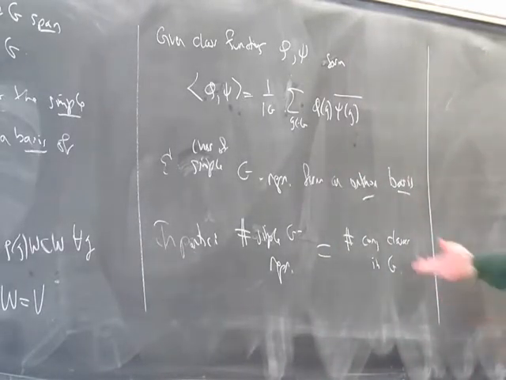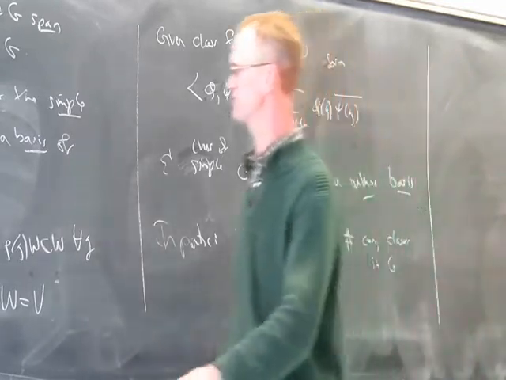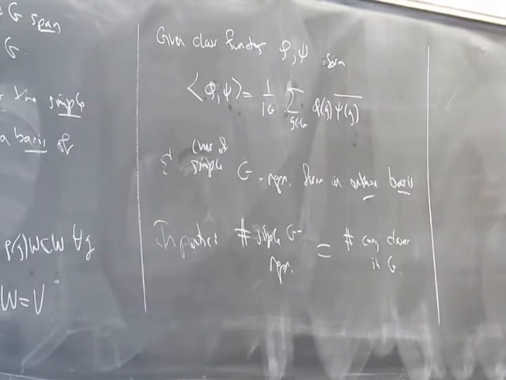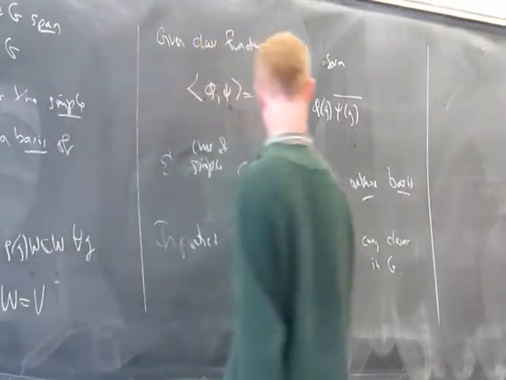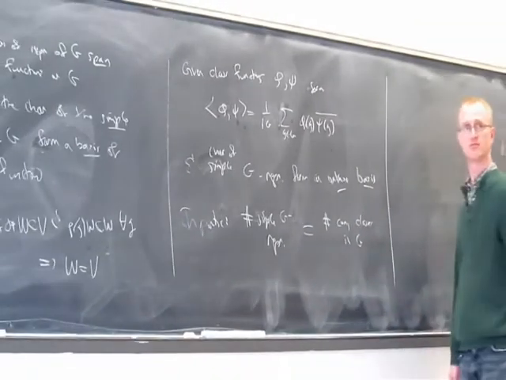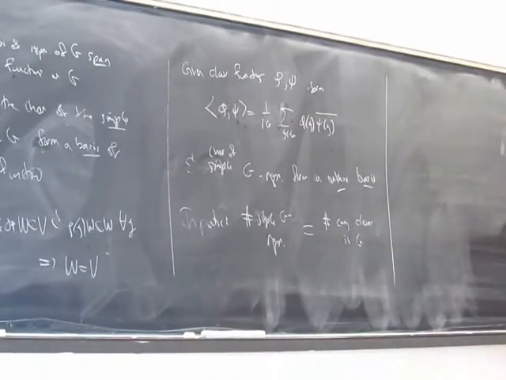Well, the simple G representations give me a basis for the space of class functions. On the other hand, I have another basis for the space of class functions consisting of things that are constant on conjugacy classes. So since one of those bases has this number of elements in it, and one of them has this number of elements in it, but bases have the same number of elements, these are equal. So linear algebra gives me this formula that I otherwise have no real way of knowing why it should be true.